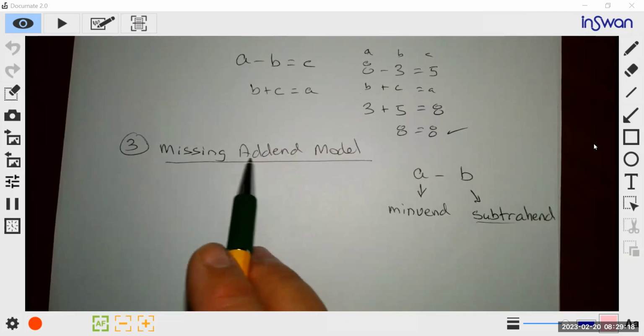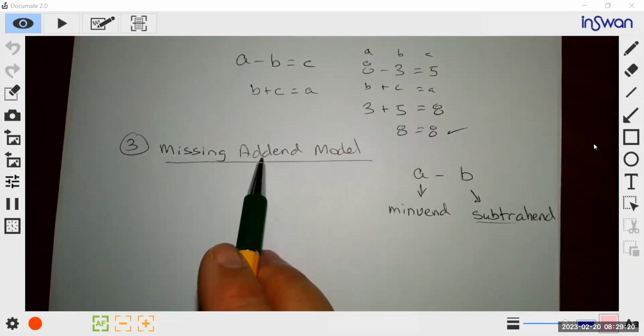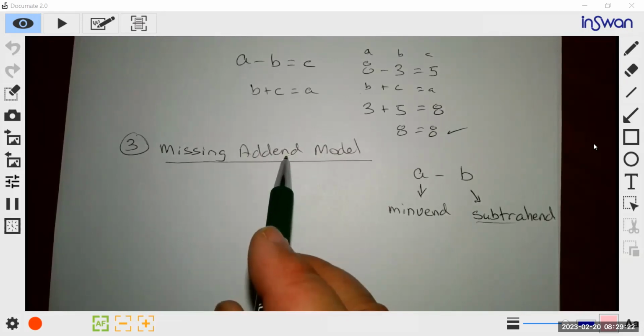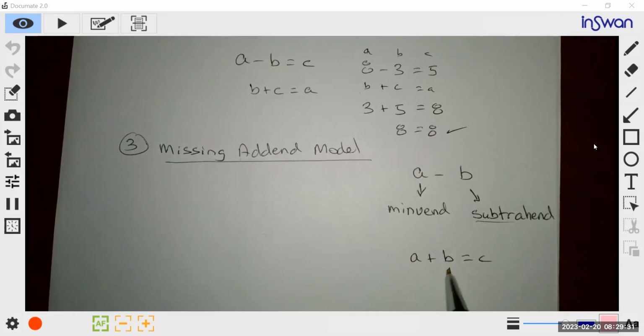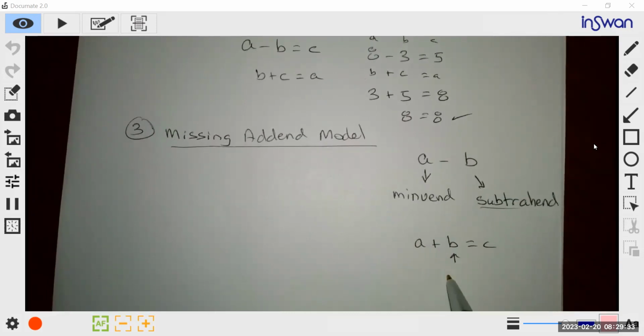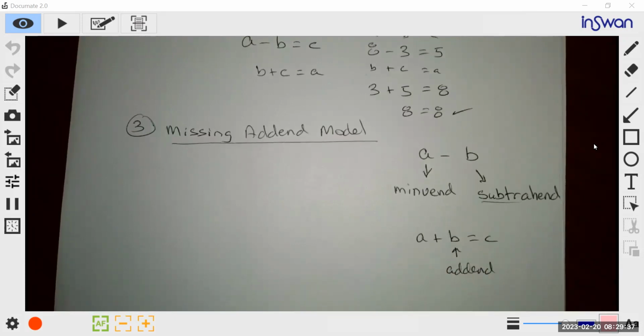Now, what this one says, the addend is this number here, called the addend.